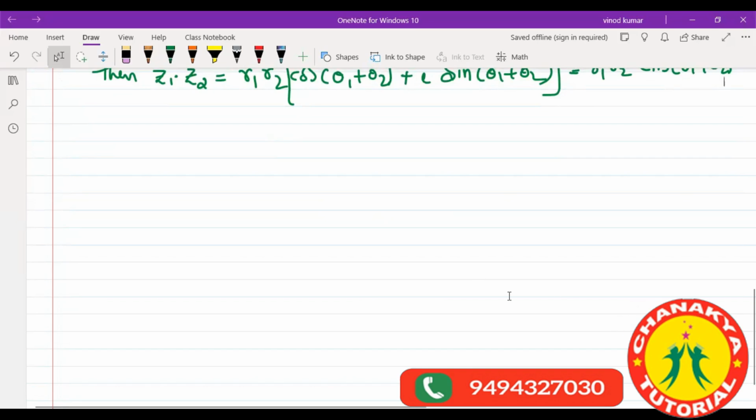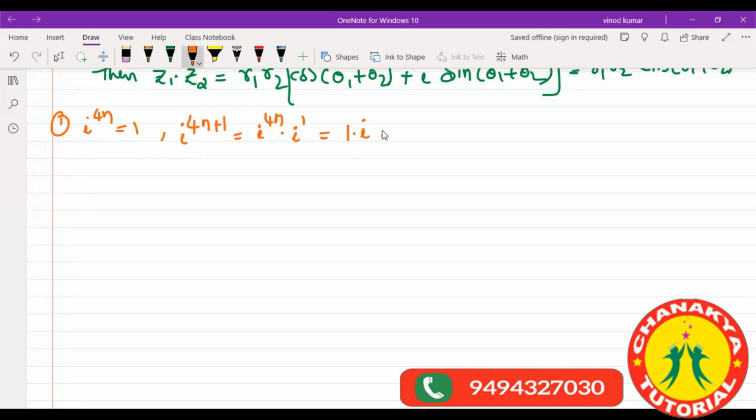Next, i to the power of 4n is nothing but 1. With 4n, 4 is even, so i square whole square is minus 1 whole square, which gives plus 1. And next, i to the power of 4n plus 1 is i to the power of 4n into i to the power of 1, that is 1 into i, which is i.